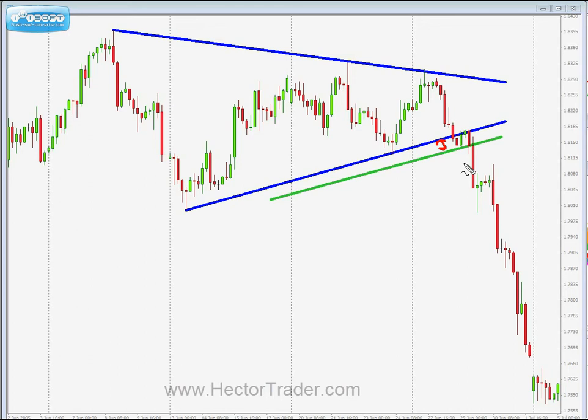But nonetheless, it depends on the time frame. At any rate, we would simply place a sell stop order a few pips below the lower band of the triangle, and as soon as price breaks through, our broker will automatically fill us in the market. It's as simple as that.